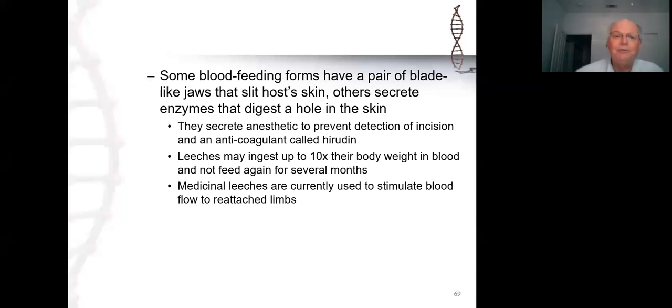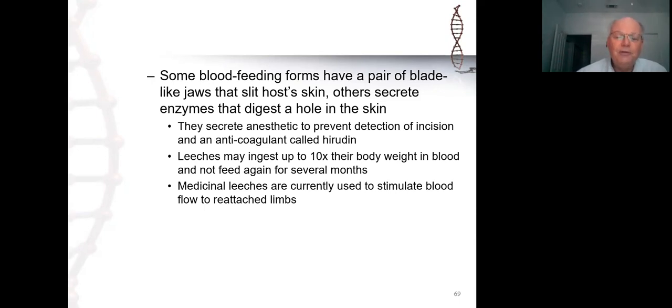Well, if you have a buildup of fluid in an appendage, particularly blood, a leech might be applied to remove the fluid to allow for relief of the pressure that the fluid is creating.